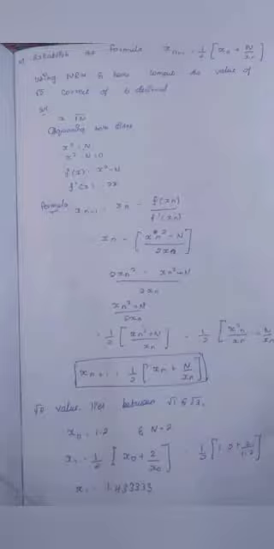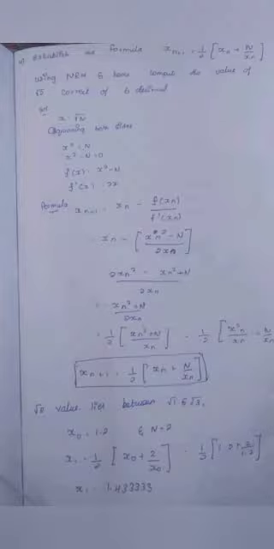If the previous value and the present value are the same, we conclude that it is the answer. So the present term and the previous term have to be the same, and to that extent you have to substitute the values in the foregoing terms, that is x0 to x1, like that.